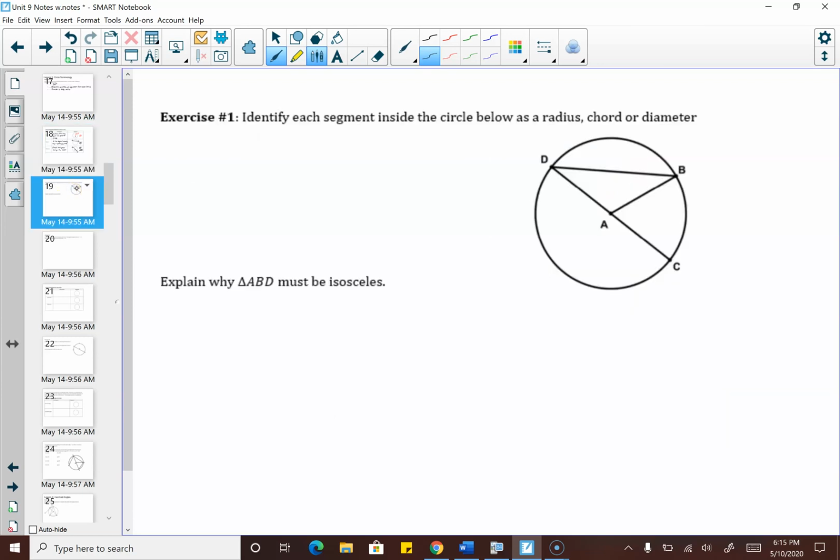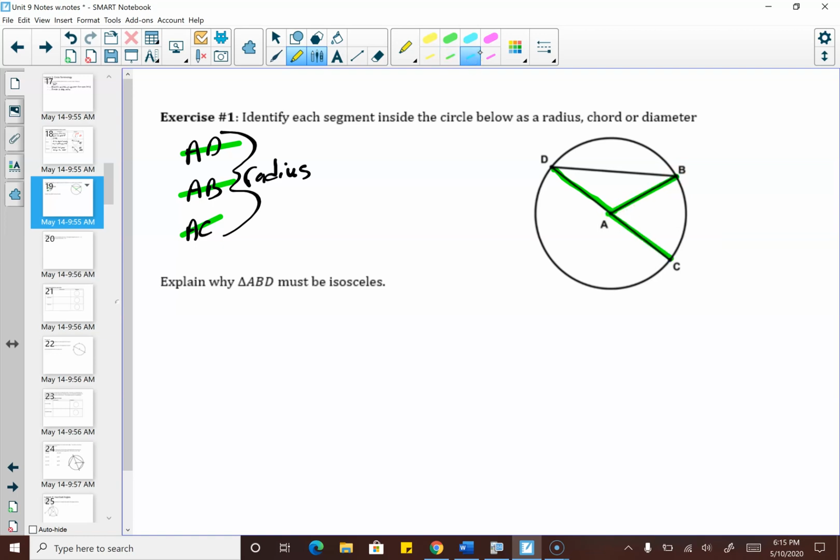So exercise 1, identify each segment inside the circle below as a radius, a chord, or a diameter. So AD, I see AB, and I see AC. So AD, AB, AC, those 3 all go together. Those 3 are our radius. Okay, so 1, 2, 3. Those 3 are going to represent our radii.